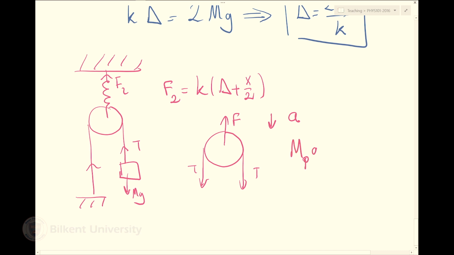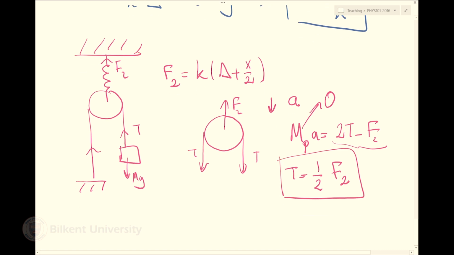M pulley times a is 2T minus F2. What's M pulley? We said it's a massless pulley, so M pulley is 0. When I have a massless object, the only way it can actually move is when the forces on it are equal to each other. So T is 1/2 times F2, even in the dynamical situation.